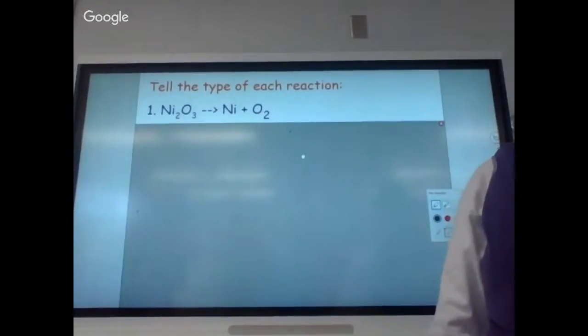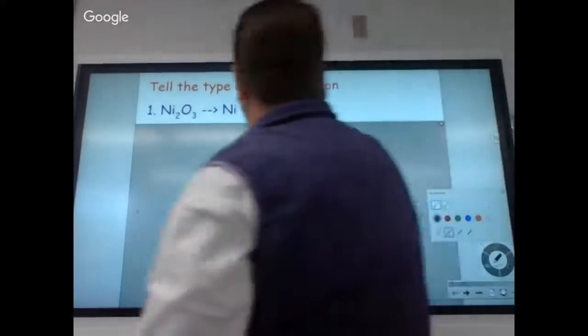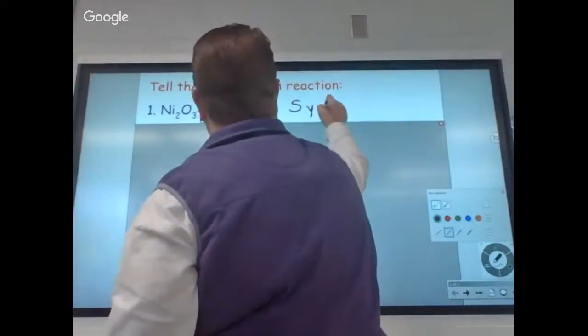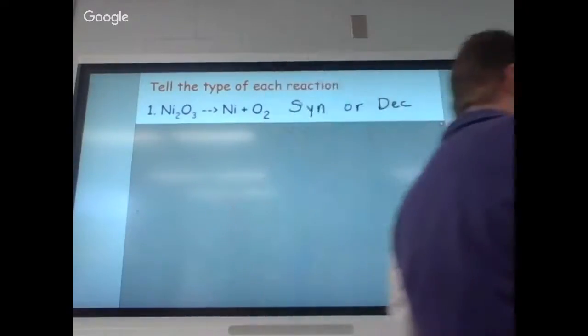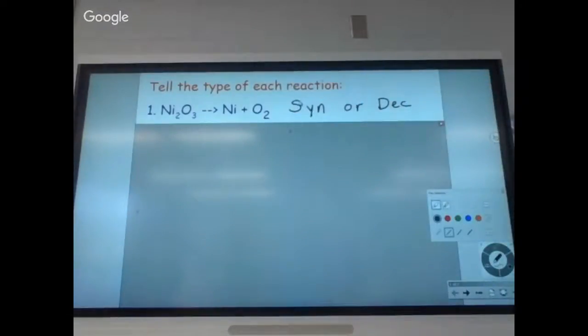If there's only one plus sign, it has to either be synthesis or decomposition. It cannot be single displacement or double displacement if it only has one plus sign. So, is that compound breaking down, or is it forming something? Okay, I hear a breaking down, I hear a forming.